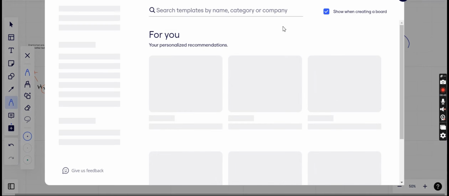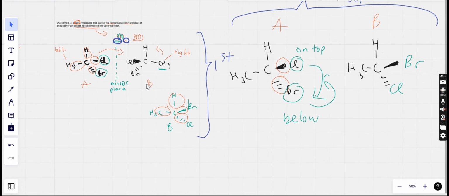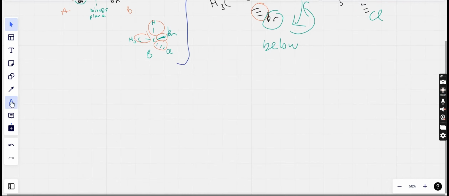But a word of precaution is that some people mix up the two methods. What they do is they flip and they swap the atom. By doing that, you are actually cancelling out the mirror image. So let me show you what I mean. Let's draw the same molecule. Let's say I have this, right?